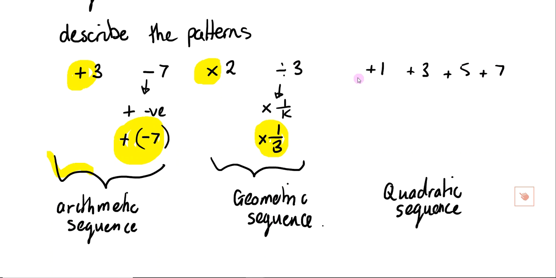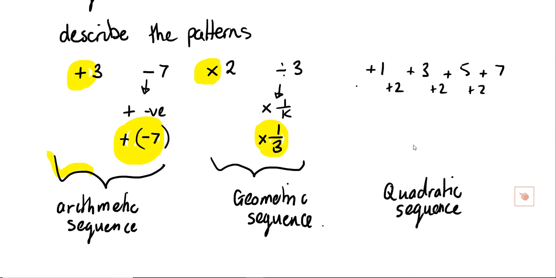So if that happens, remember that would be the first line of difference, and then you start looking at, well, that's then add 2 every time. That would lead us to think it was a quadratic sequence. Right, so you've got the different types of sequences. So you have to be able to identify them. Right.